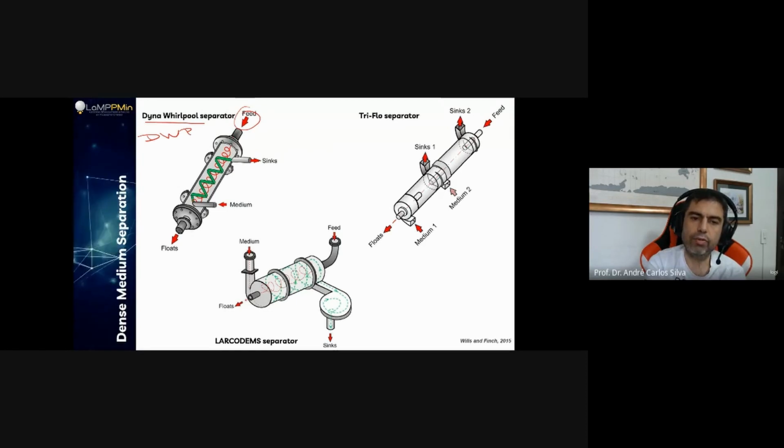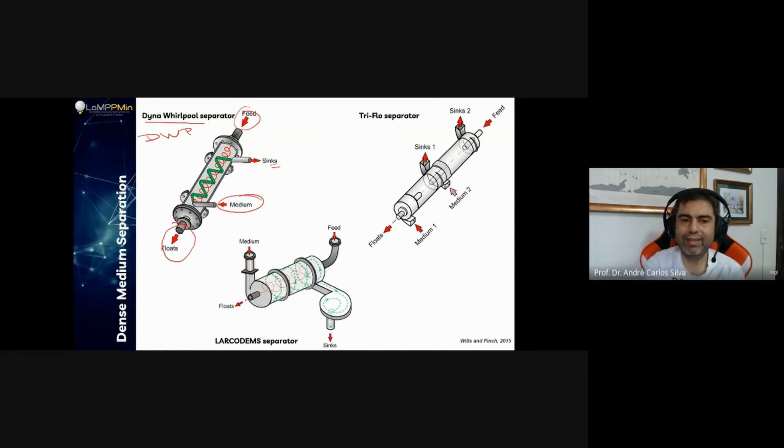The feed is going to spiral all over it, and the floated material is going to leave in here. But in here we add more medium, heavy medium or dense medium with water, of course. So that's why we have these 2 flows in here. And the green flow is going to show you the sink material, the heavy material, and that's how the machine works.